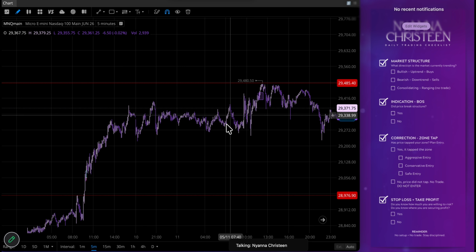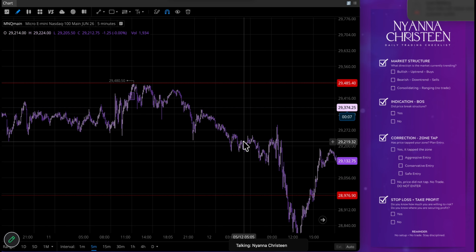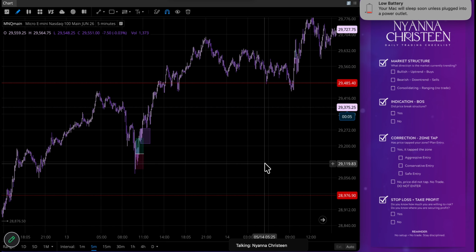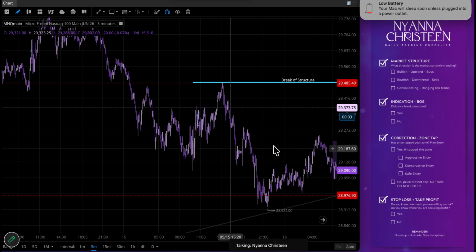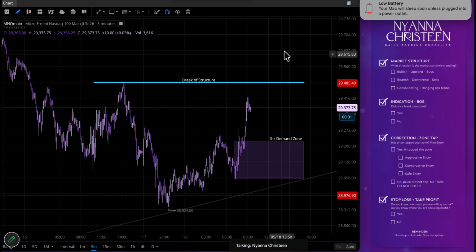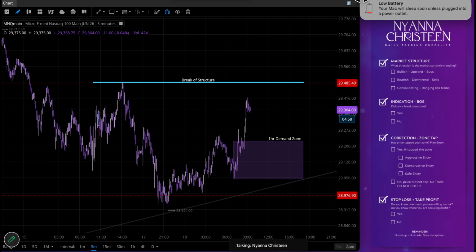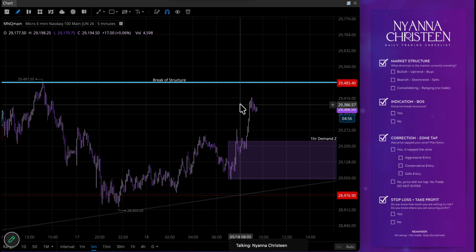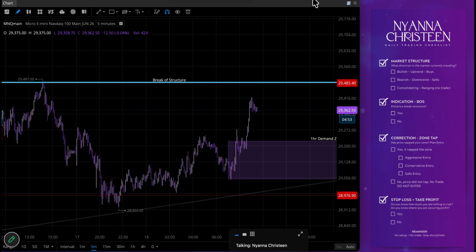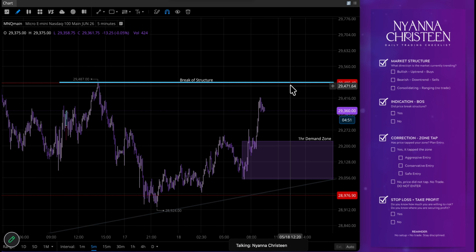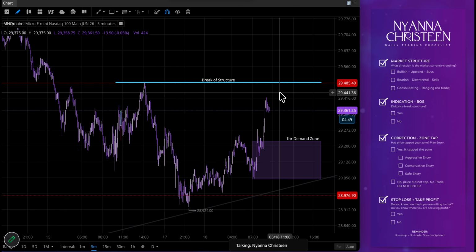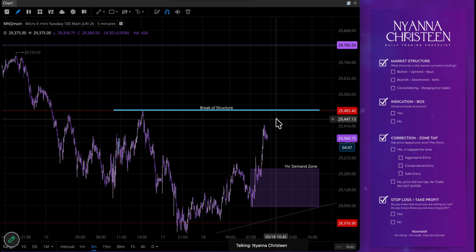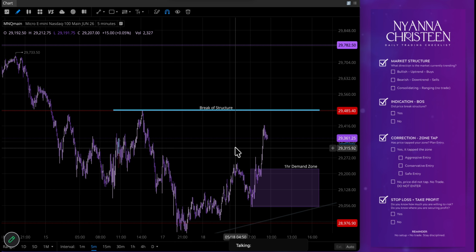So in order to not get stuck in that, I would rather wait to get out of here. So that's the importance. But could price potentially just be one long candle down, one long candle up? Yes, but you would rather have a quality trade. I hope that makes sense.